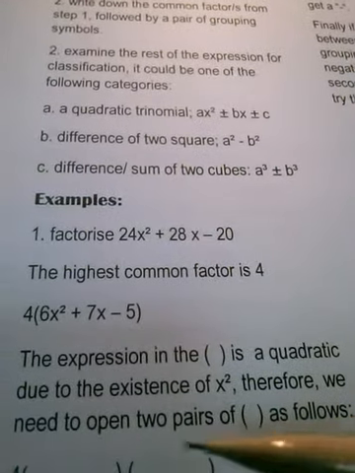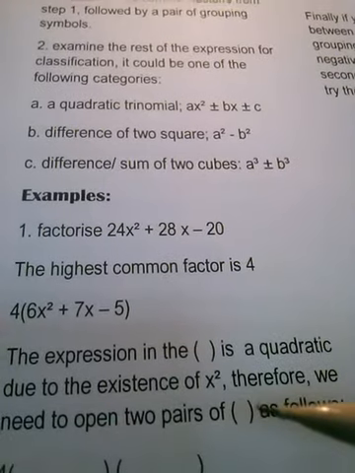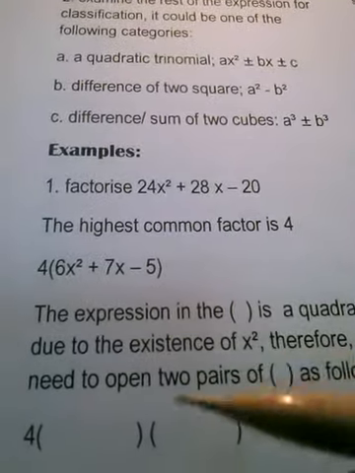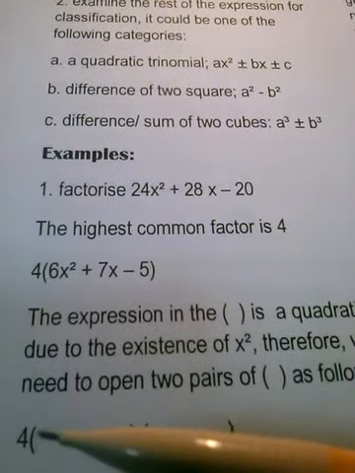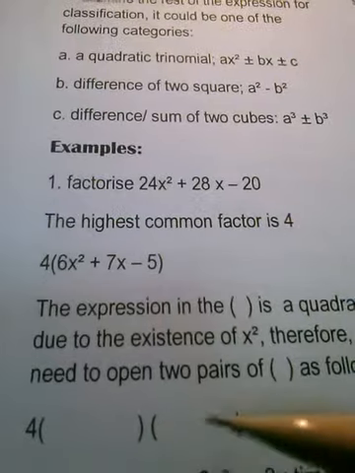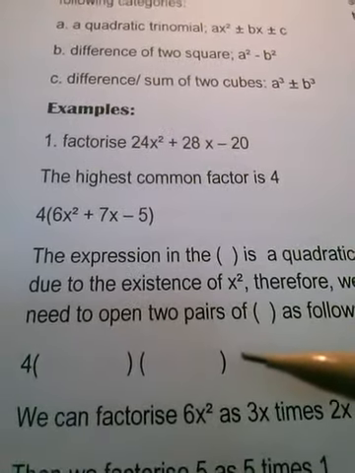Therefore, we need to open 2 pairs of brackets as follows. So we copy the 4 there, and then we open 2 pairs of brackets, as you can see in this line here.